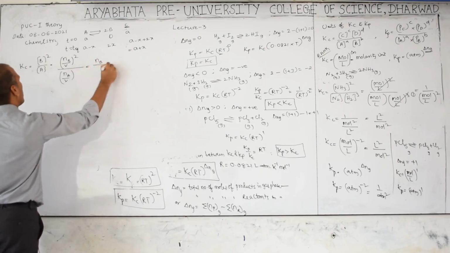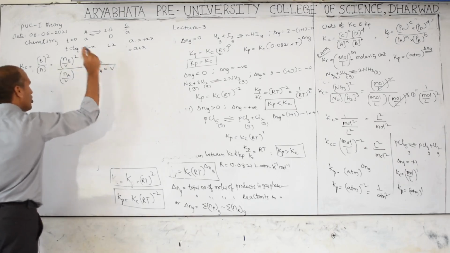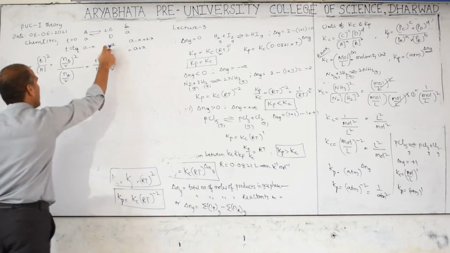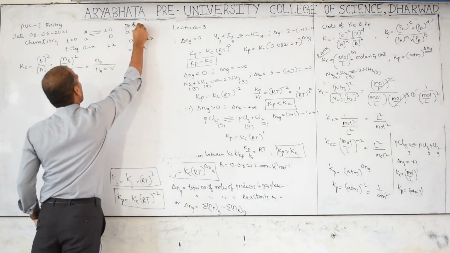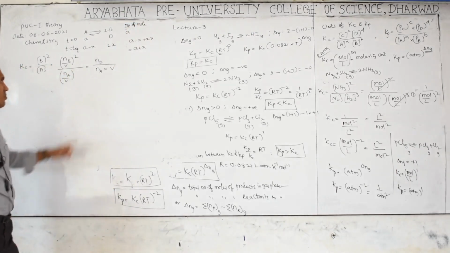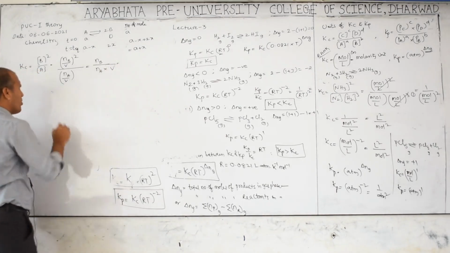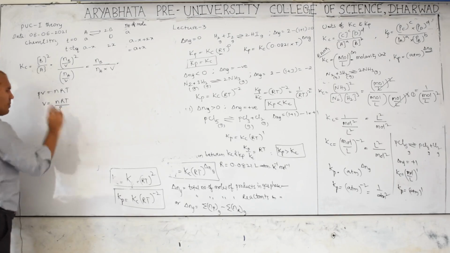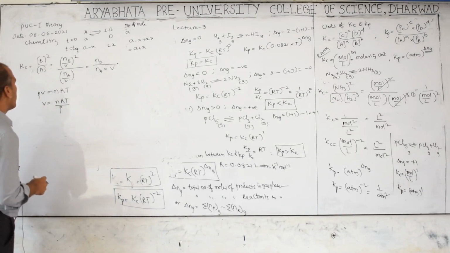NB square by NA, and V will remain in the denominator. So you can consider the number of moles, better, otherwise it will feel difficult. Number of moles of B at equilibrium, and V also is there, but we know that PV is equal to nRT, V is equal to nRT by P. Clear?